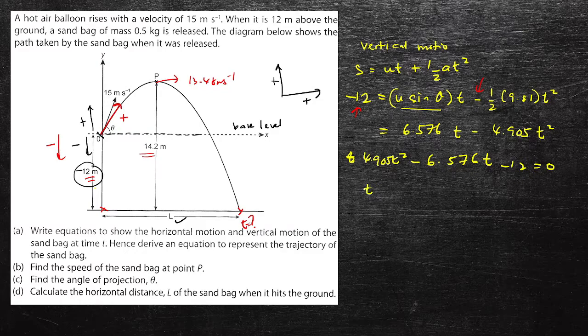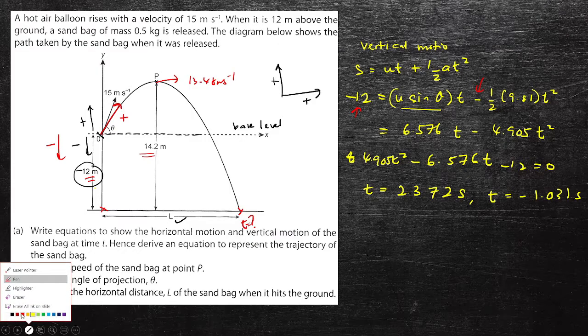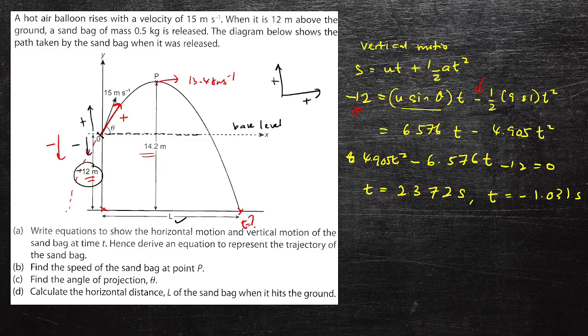So you have the roots, that is t equals to 2.372 second, or t equals to negative 1.031 second. So logically, if you go back to the time, t here is negative 1.031 second, and this part is 2.372 second.